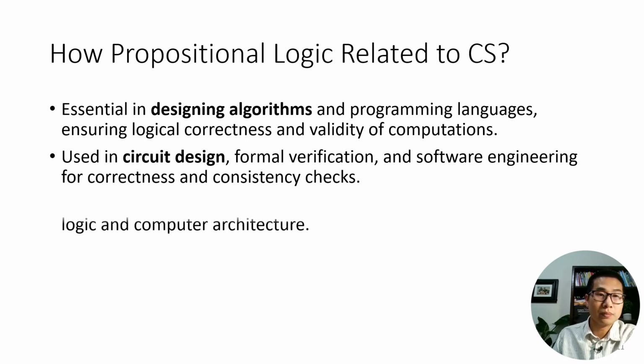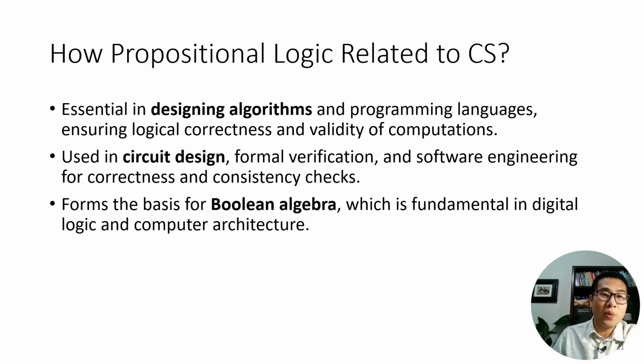It also forms the basis for Boolean algebra, which is used a lot in computer science, for example in digital logic and computer architecture, and also in database management systems.